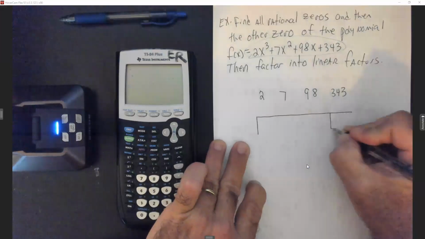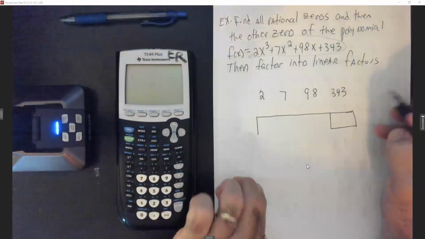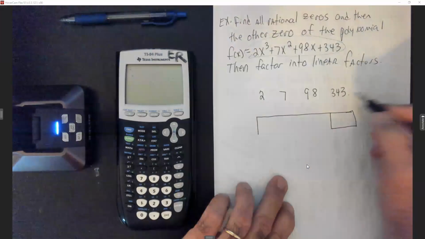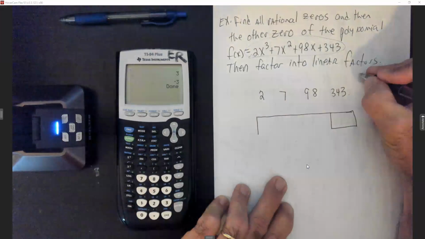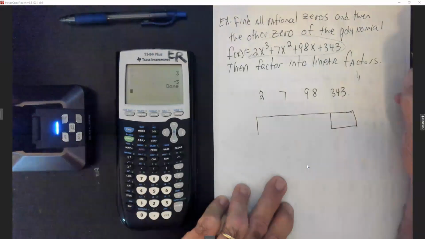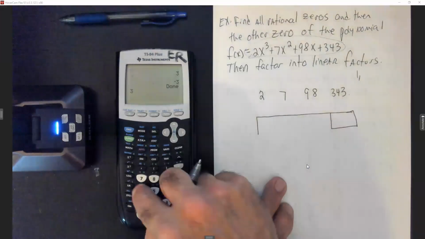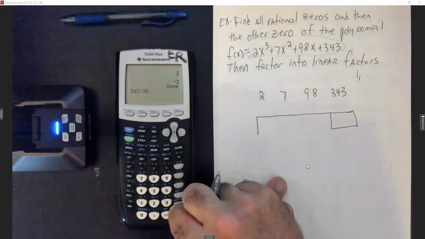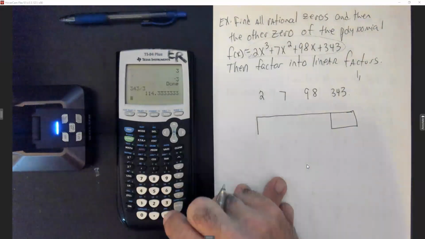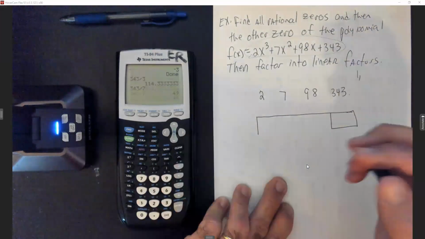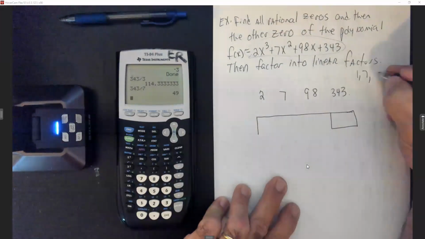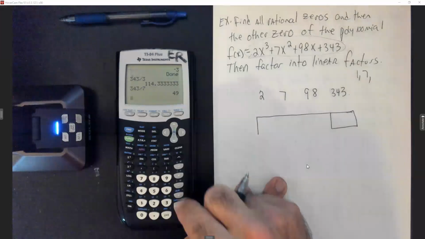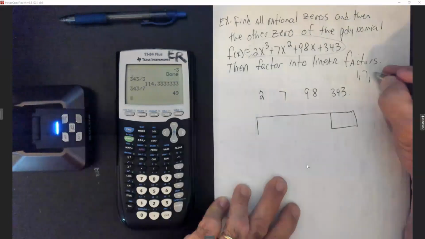Now, 343 has a lot of factors, okay? So I know 1 goes into 343. Let me see if that thing will divide by 3. No. I think next would be a 7. So 7s go into it, which means 49 went into it, and then 343.